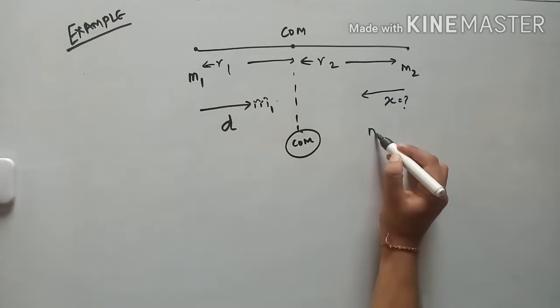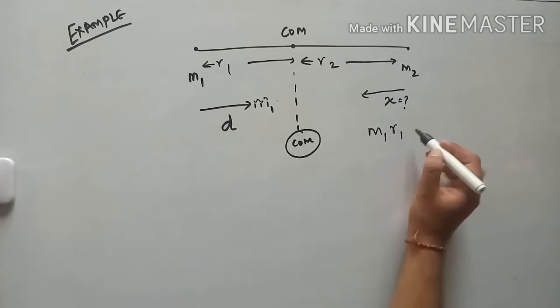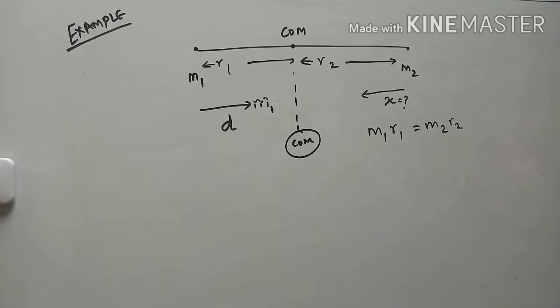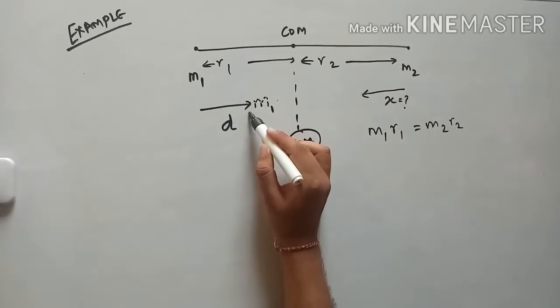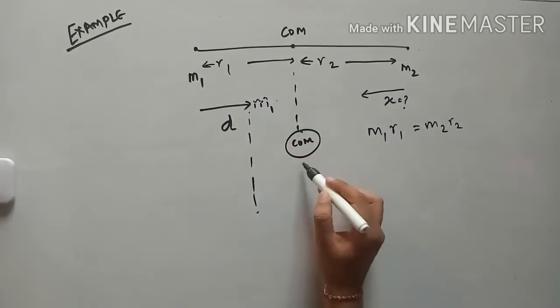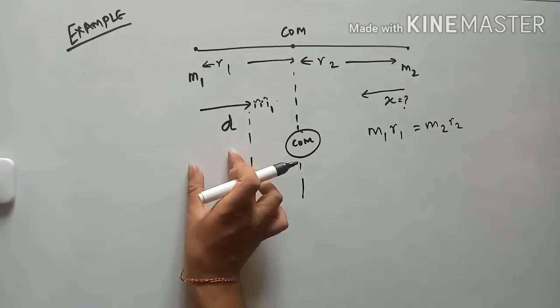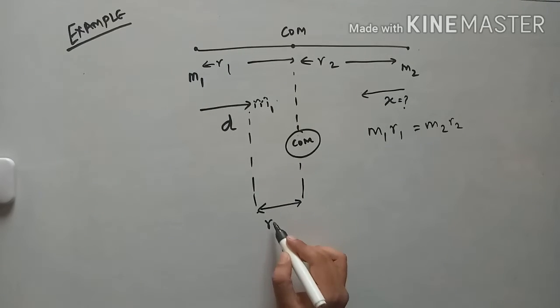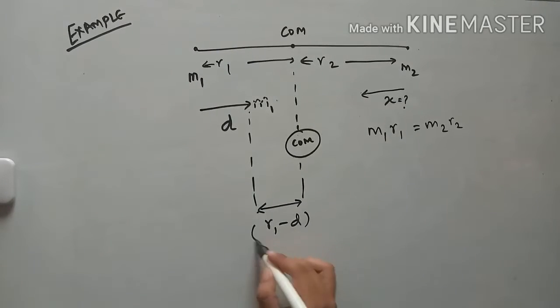So we know that m1 r1 will be equal to m2 r2, right? So if we have shifted this mass by a distance d, then the new distance will be r1 minus d.